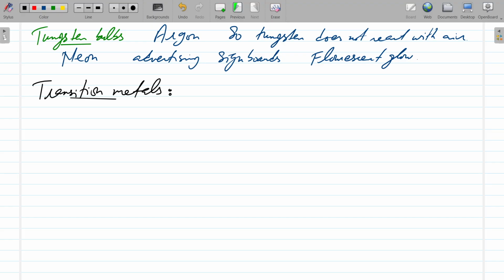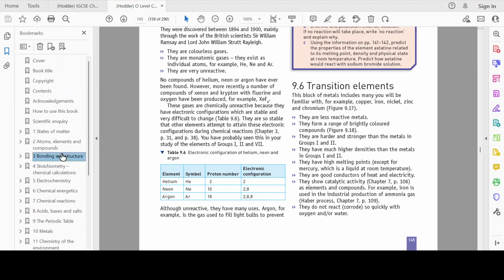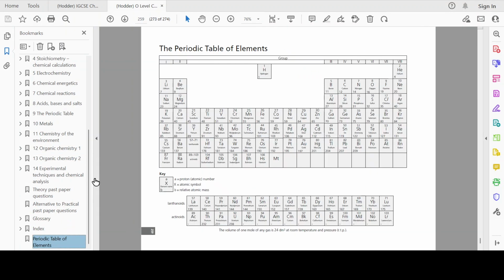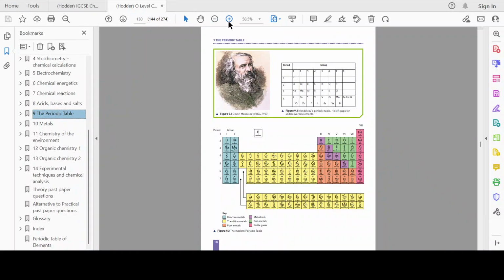So if I just show you the textbook, and moving to the periodic table, it's better in the chapter itself, sorry. So it's highlighted, yeah, there you go.